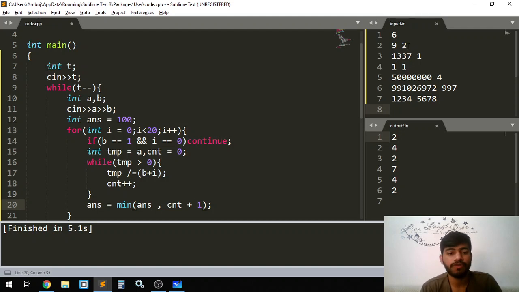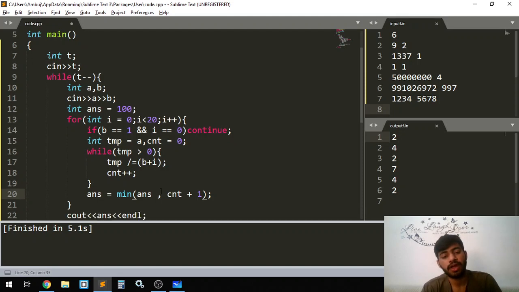In 9 comma 2, what we did is first check 9 divided by 2. First is i equals 0 and b plus i, so 2 plus 1. First I will check for 2, then 3, then 4, then 5, then 6. How many numbers is it taking for that?